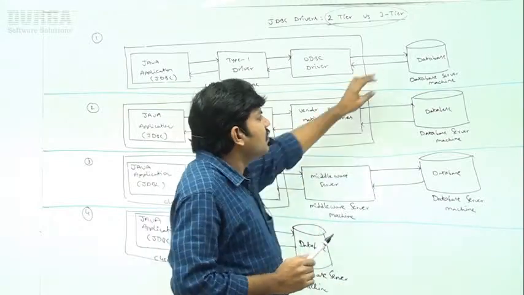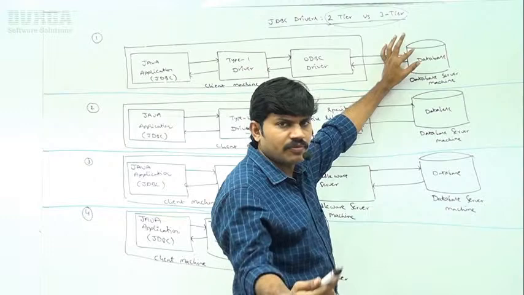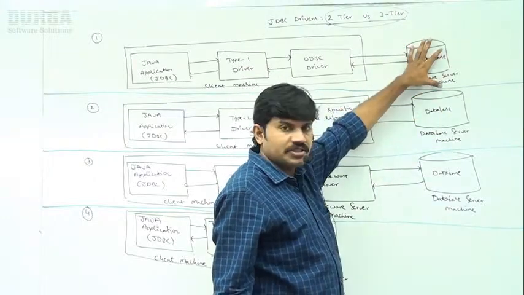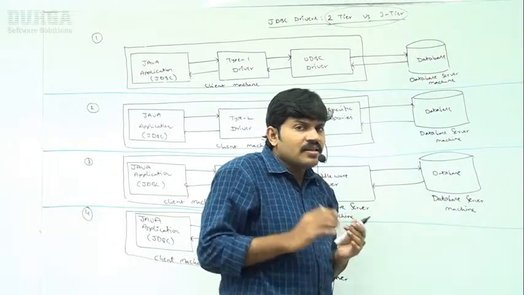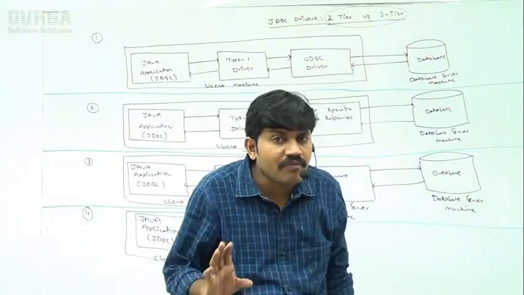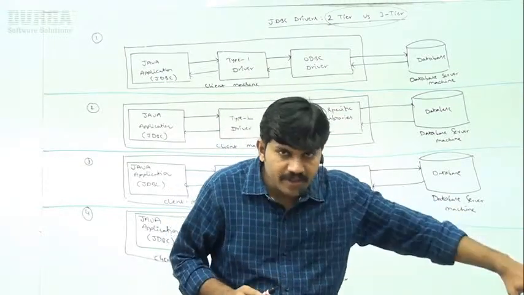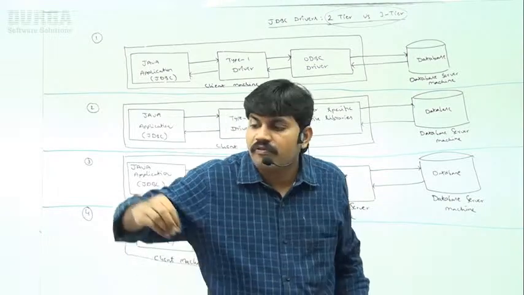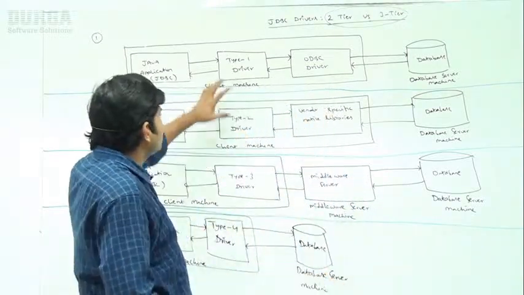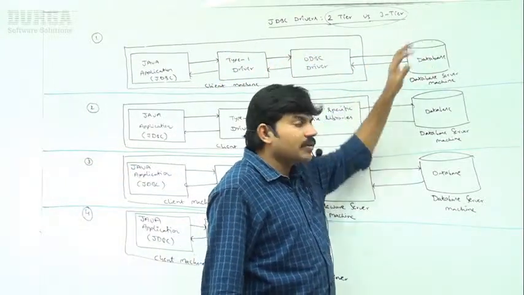Clear? Next, the database, sir, is located on some other machine. Assume the worst scenario, it's located on some other machine, the database server machine. Okay? Sir, in the case of type 1 driver, how many machines are required, in the max? One machine for database purpose, another machine for our Java program, type 1 driver and ODBC driver. This machine is the client machine. This machine is nothing but the database server machine.